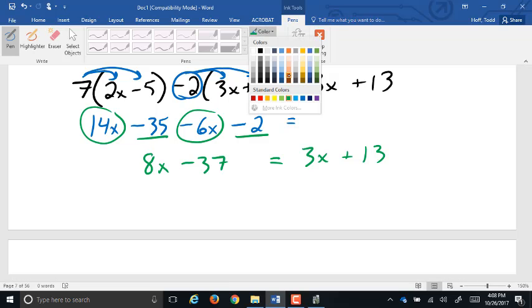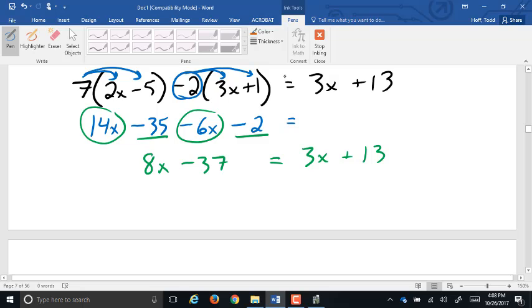Now, we have an x on each side, so we have to get rid of one. Which one are we going to get rid of? The 3x. Good. Subtract it. So that gives us 5x minus 37 equals 13.